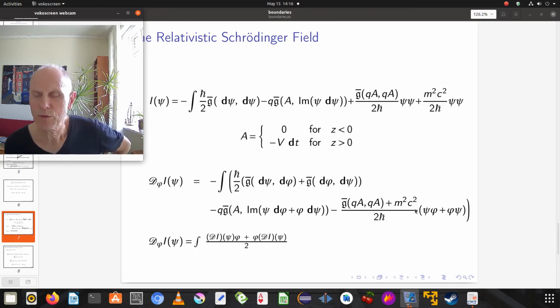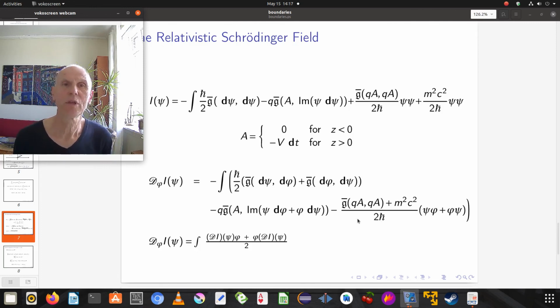That's what we get because this already has the form something times phi plus phi times something, and that something is psi. So this part times psi is exactly the derivative, as expected.